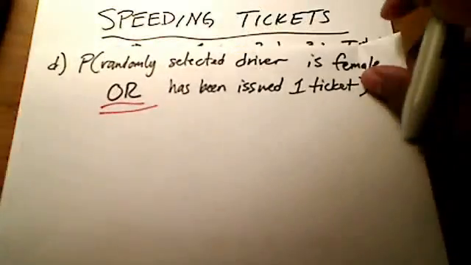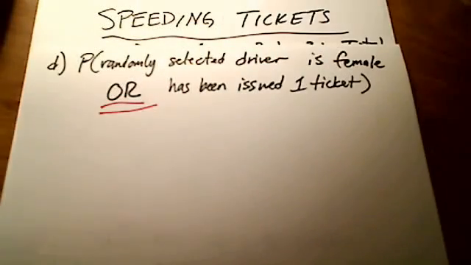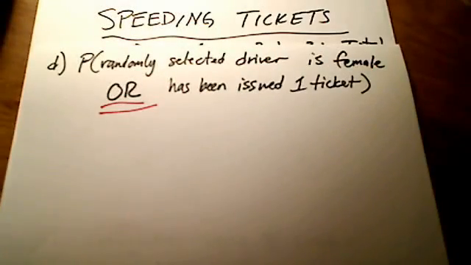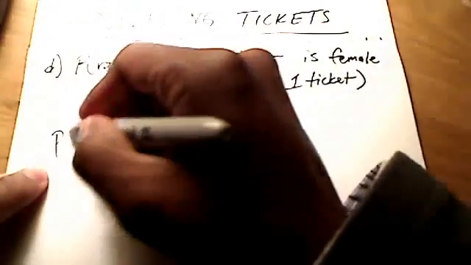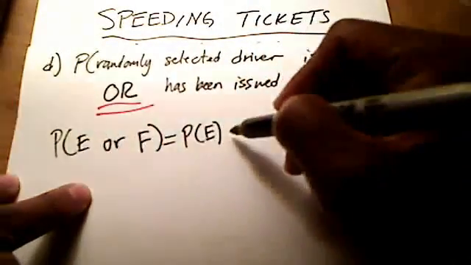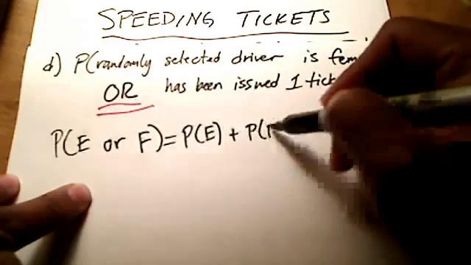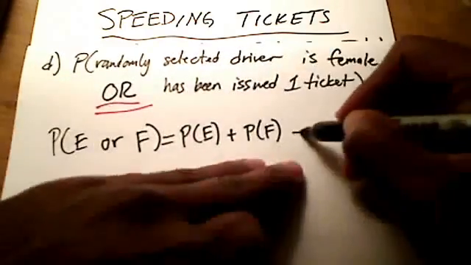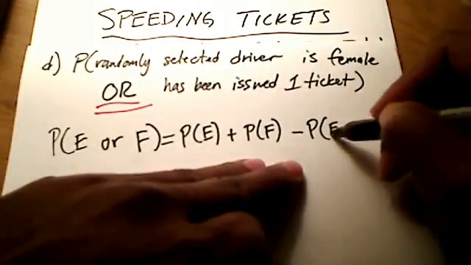What about the OR? For this one I'm definitely going to need the general addition rule. Let me show it to you one more time. If you want to find the probability of two things that are being ORed, find the probability of the first one, add it to the probability of the second one, and take away where they overlap.